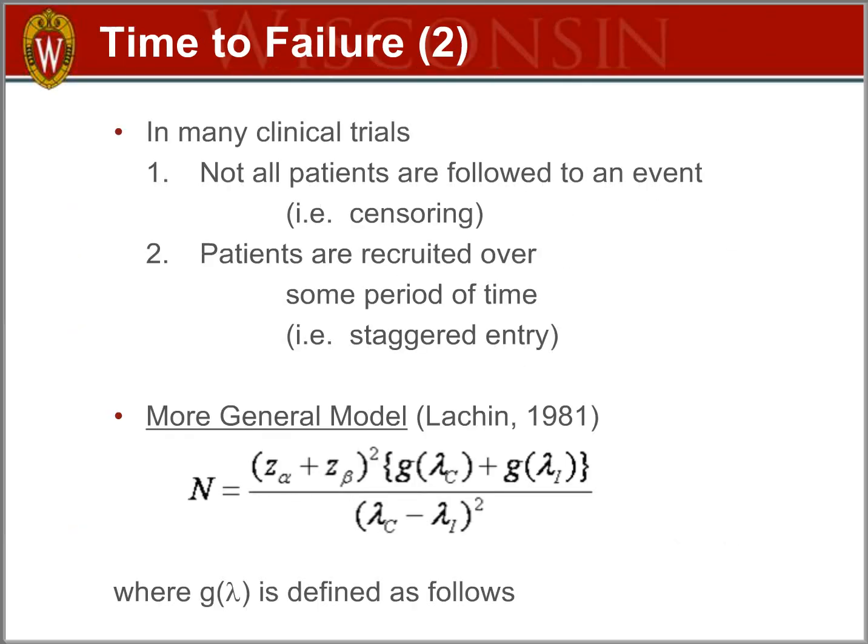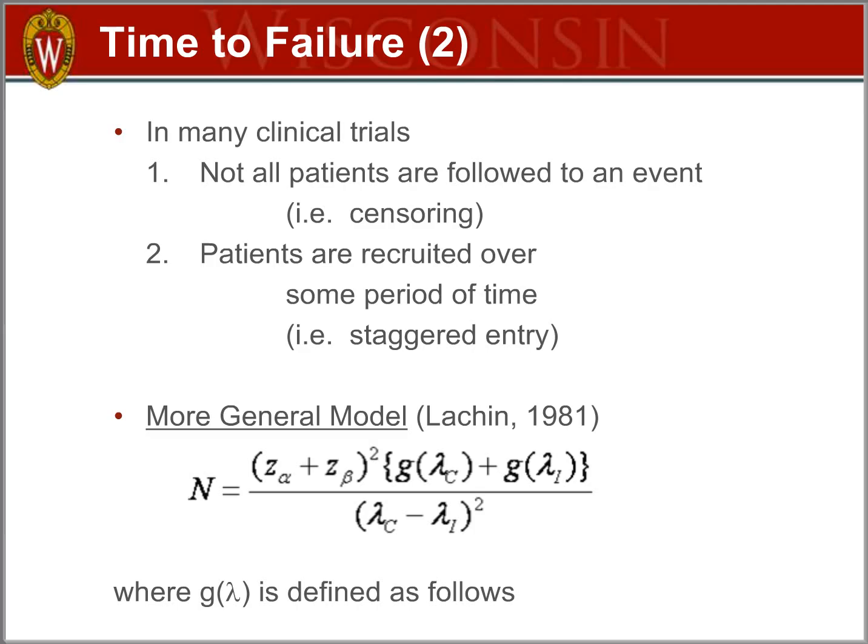As I indicated, the simple formula makes two very important assumptions: that the patients are all followed to the event, there's no censoring, and that you get patients recruited at the same time. Well, suppose we try to relax those assumptions and say, well, we can't possibly follow all patients to the end, but we will have some censoring, a point at which we don't know whether they had the event or not.